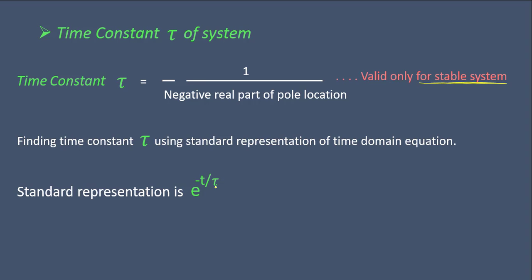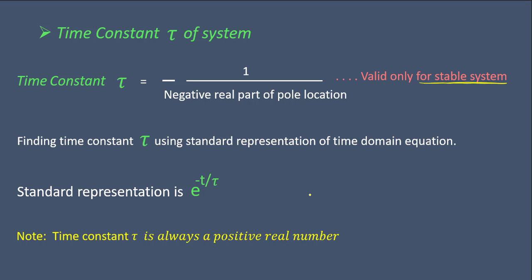Now we will look at some examples so that it will be clear. And one more important thing is that the time constant tau is always a positive real number. The time constant cannot be negative.